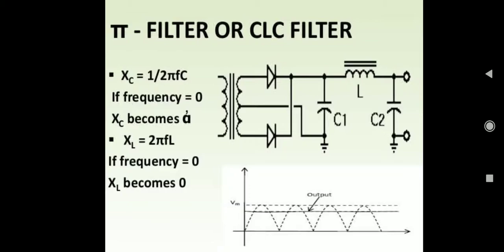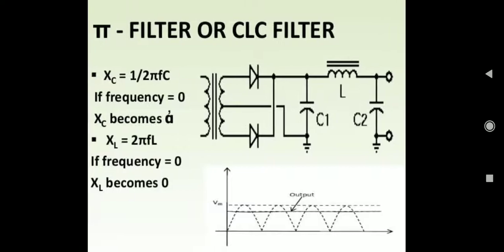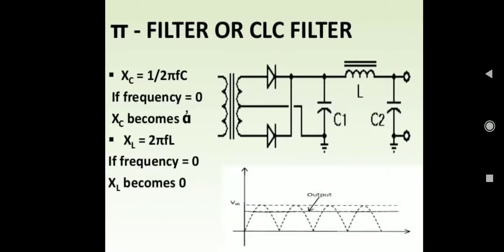In that diagram, you can see two figures in front of you. One is the circuit diagram of the pi filter and the second one is the output waveform with the filter and rectifier combination.